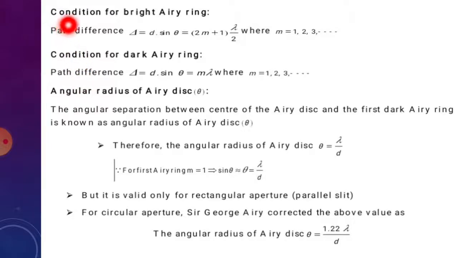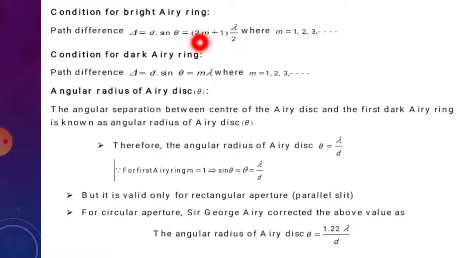Here is the condition for a bright Airy ring. The path difference is (2m plus 1) into lambda by 2, where the range of m is 1, 2, 3 and so on. Here m equal to 1 gives the first bright ring. So for m equal to 1, we get 3 lambda by 2.